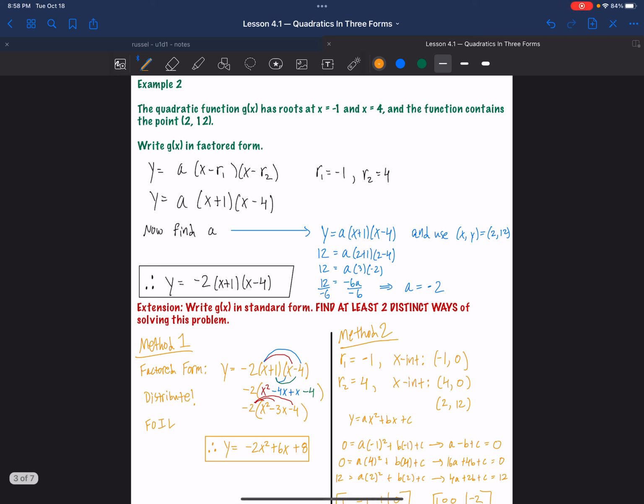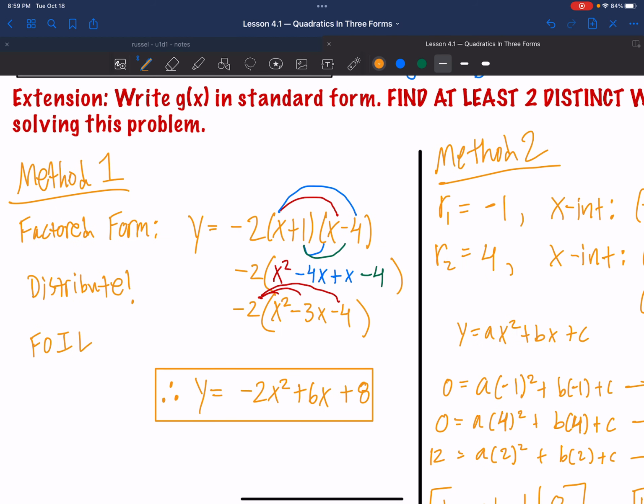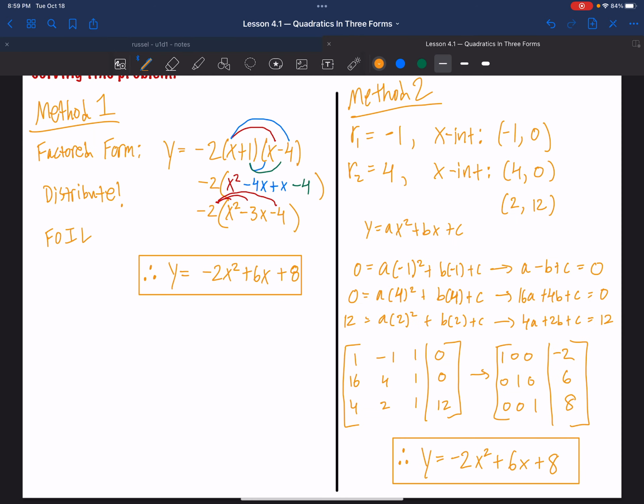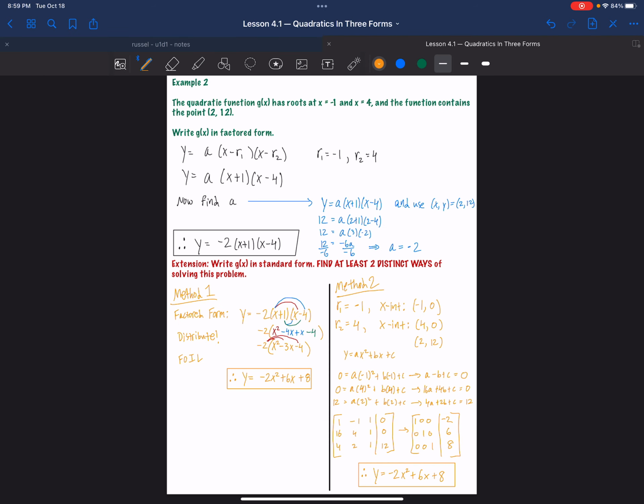If the question gave you this information and said write g of x in standard form, and did not mention anything about factored form, you could either recognize that you're able to go to factored form because you have the roots and then use the distributive property like in method 1 to find standard form, or you can recognize that those 2 roots are x-intercepts, which are 2 points, and then you have a third point, in which case you can make a system of equations, a matrix, and solve. And that is the beauty of those 2 methods.